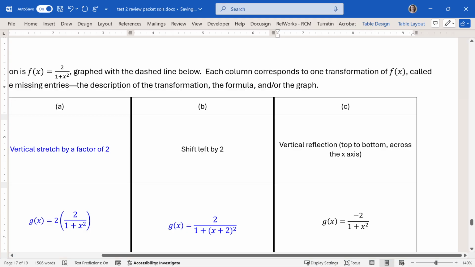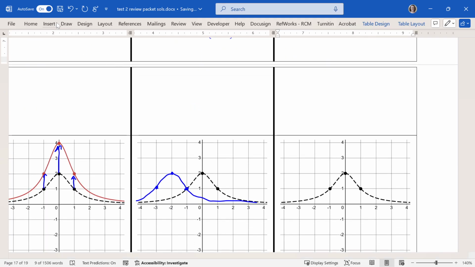All right, so for this sketch, you're going to take each of these points and just flip them to the bottom across the x-axis like this, and the whole graph is going to go down here, connecting in the same shape as best as you can as before. And there it is. All right, that's it for that problem.